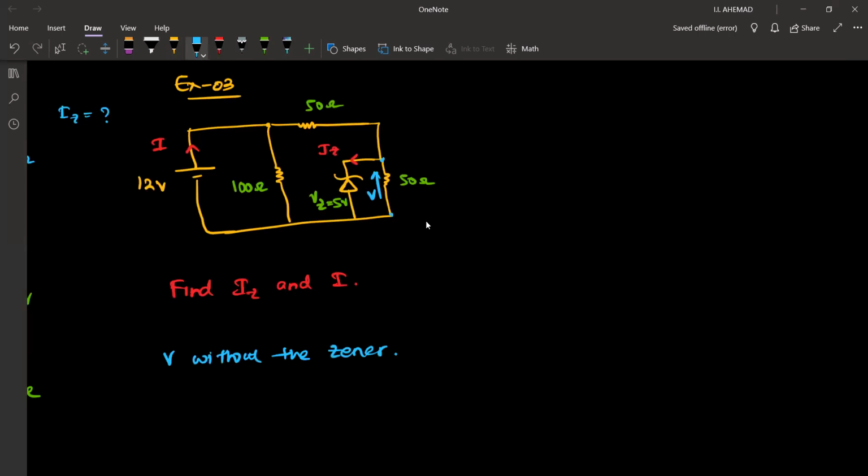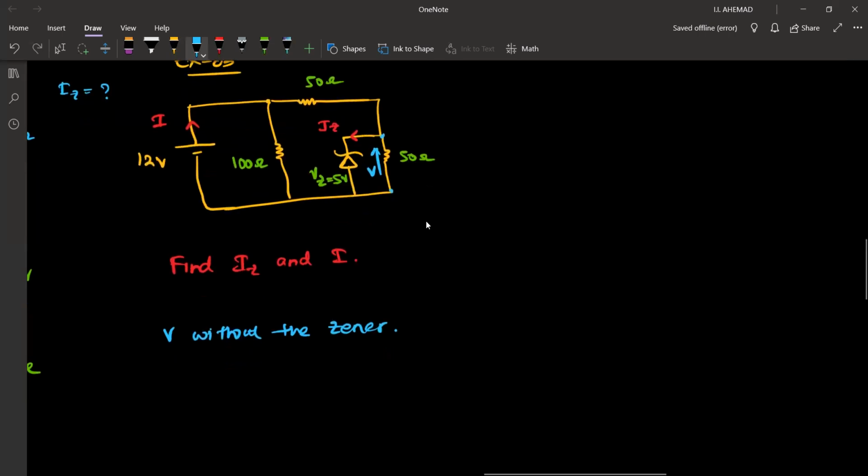What will be the voltage without the Zener? So here it's 12 volts.